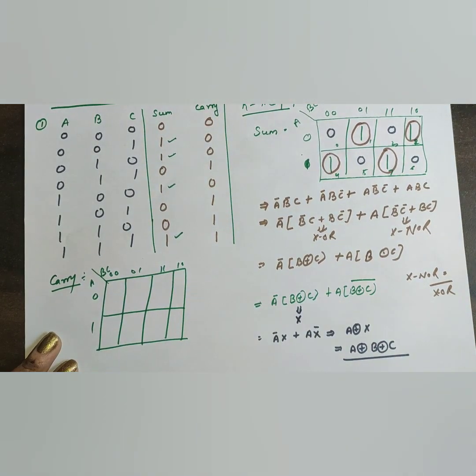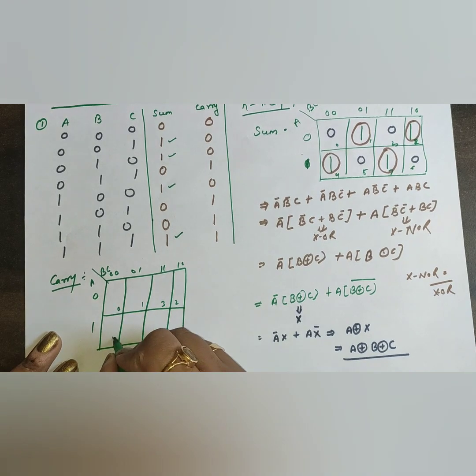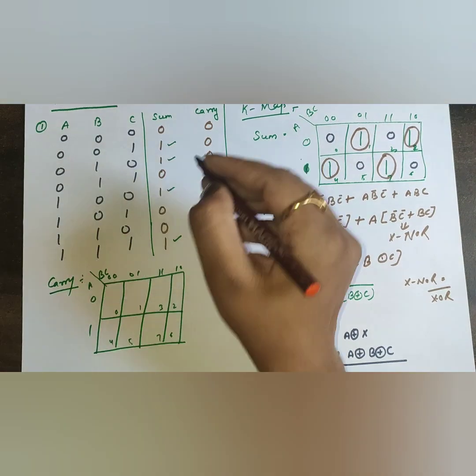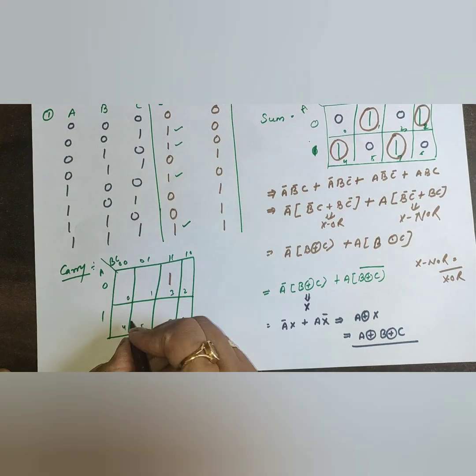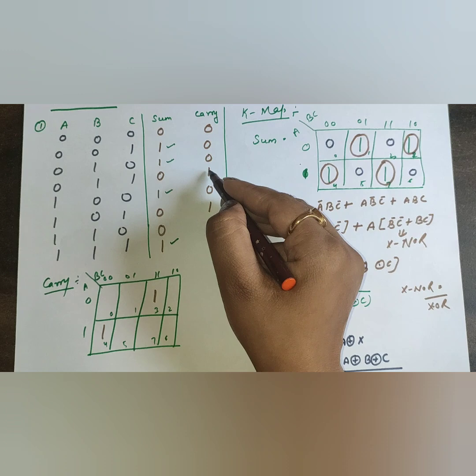So you can check only ones here. So 0, 1, 2, 3, 4, 5, 6, 7.